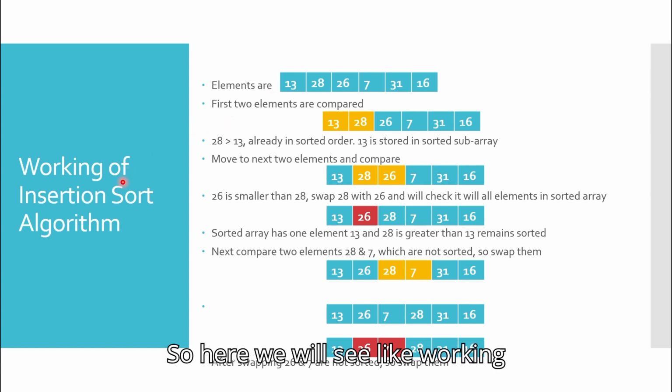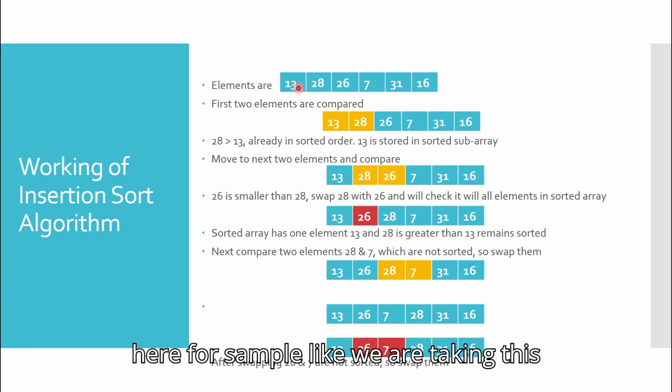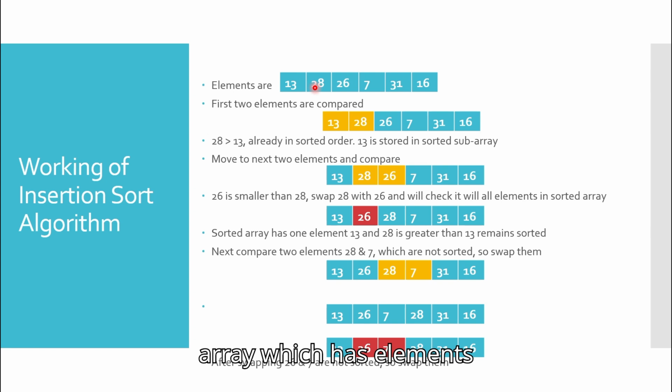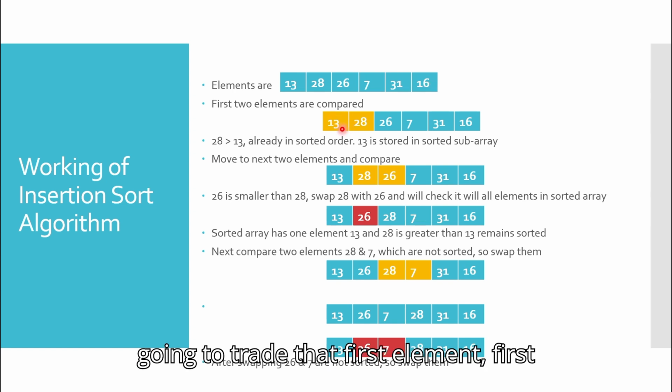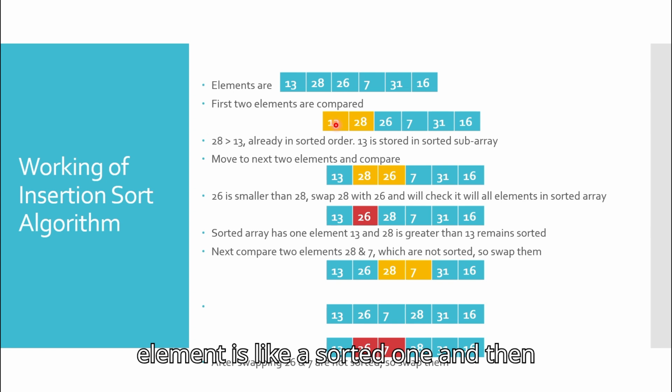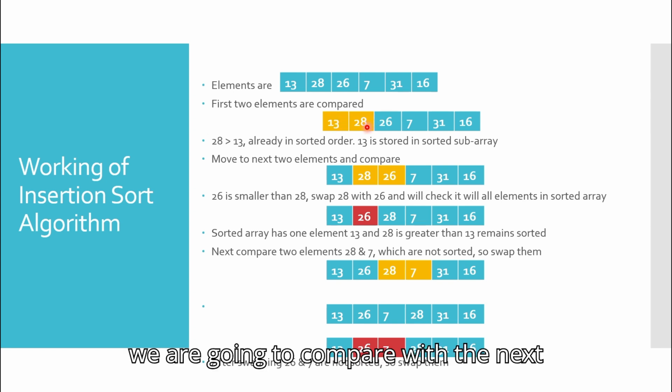Here we'll see the working of the insertion sort algorithm. For a sample, we are taking an array with the elements 13, 28, 26, 7, 31 and 16. As per the algorithm, we treat the first element as sorted, and then compare it with the next element.